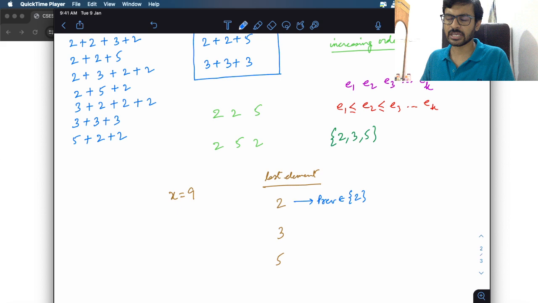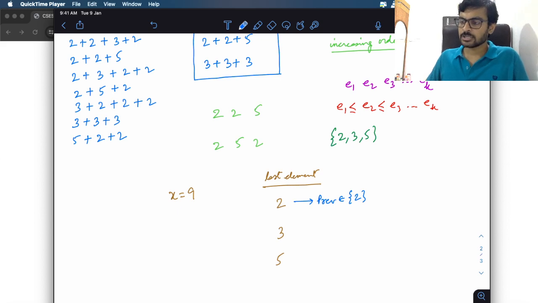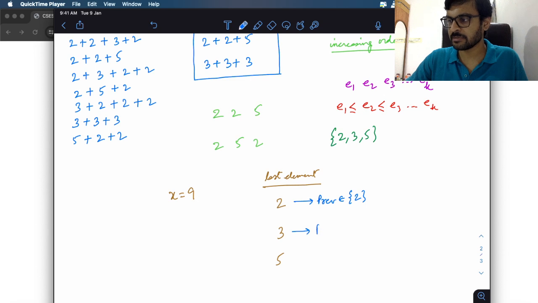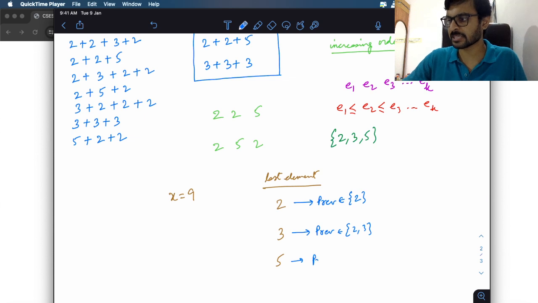We are only considering increasing order choices. So if our last element is 2, previous elements can only be 2. If our last element is 3, previous elements can be 2 or 3. And if our last element is 5, previous elements can be 2, 3, 5.